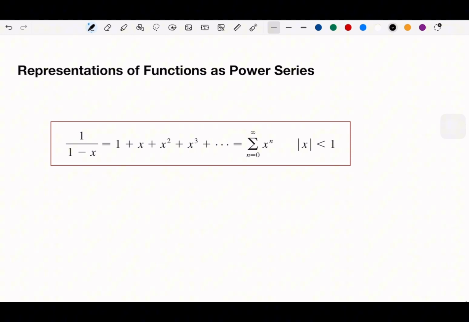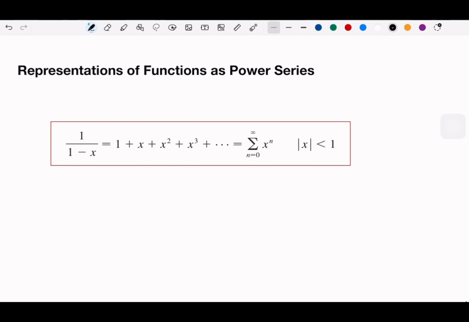As we mentioned in the geometric series, we can write the geometric sum as 1 over 1 minus x as long as the absolute ratio is less than 1. So we could write 1 over 1 minus x as a series, x to the power of n, starting from n equals 0. This is one simple example where we can write down the power series as a function.